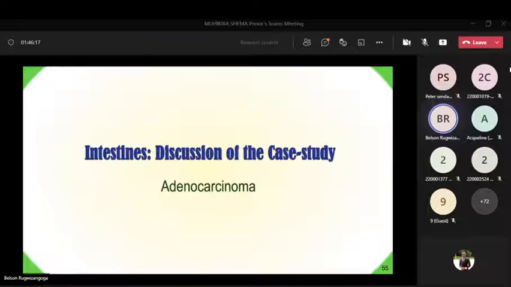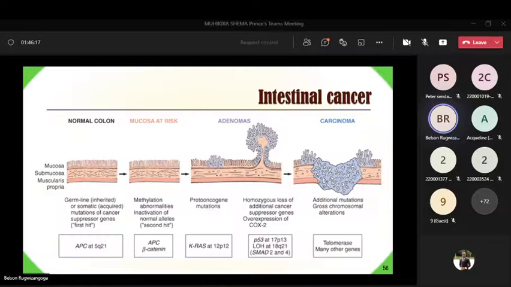So if you discuss the adenocarcinoma of the intestines, first of all, we see the histopathogenesis. This is a normal colon mucosa, and then the mucosa at risk will have some methylation abnormalities or just mutations. For example, there's a mutation in APC and beta-catenin, APC being the adenomatous polyposis coli gene.